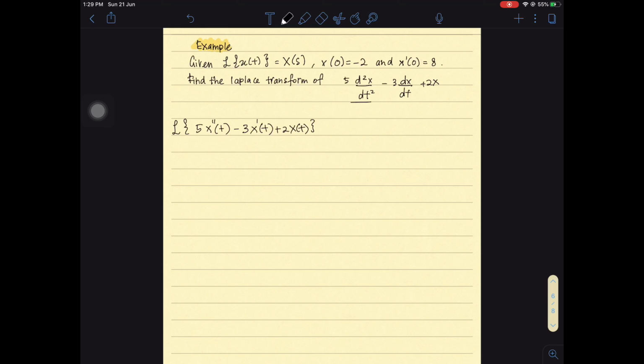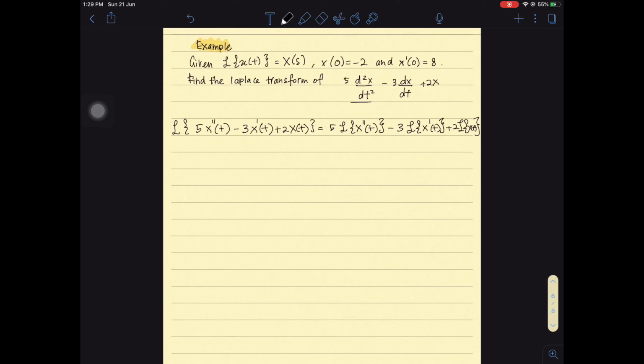It also can be written as 5 Laplace transformation of x double prime t, minus 3 Laplace transformation of x prime t, plus 2 Laplace transformation of x(t).